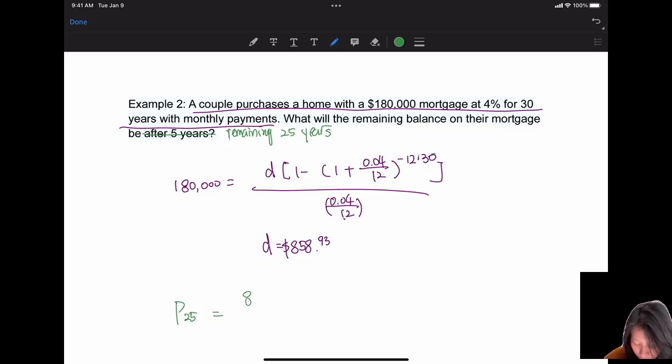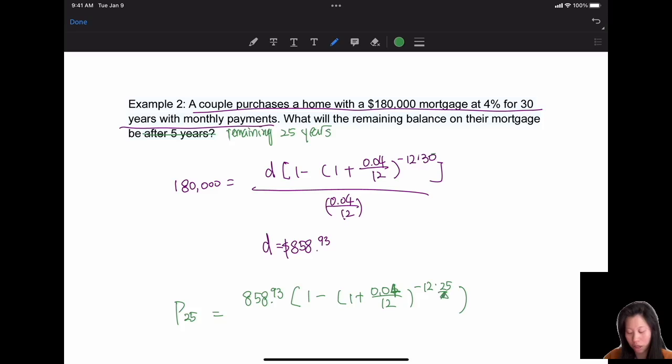Okay, now D becomes $858.93 over 1 minus 1 plus the interest rate, which would be the same. We assume it's a fixed interest rate if they didn't say anything. Now we don't discuss floating interest rates. Times 25 years.